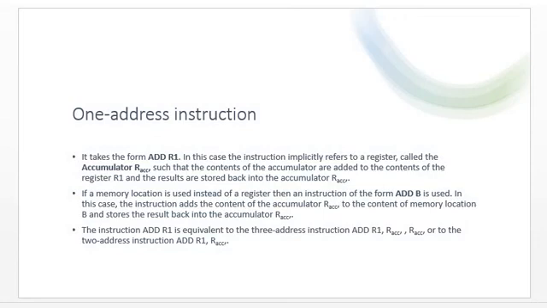So a 1 address instruction makes use of two things: the accumulator and the register. And we said a 1.5 address instruction makes use of a register and a memory location. So the difference between a 1.5 and a 1 address instruction is that a 1 address instruction is using a register and accumulator, while a 1.5 is using a register and a memory location.